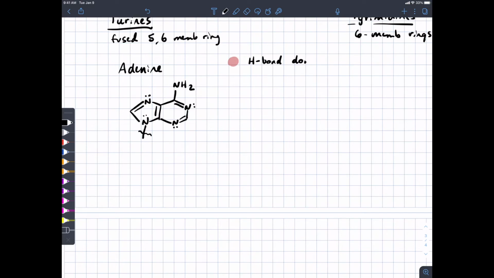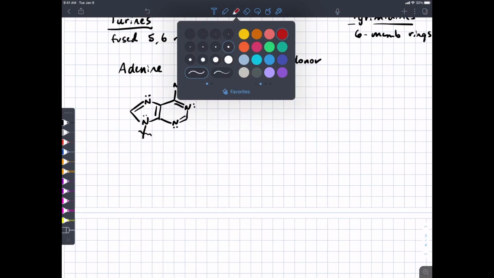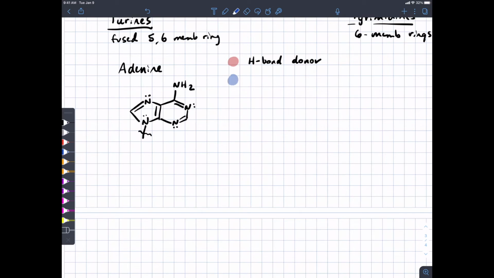That means something that has a nitrogen-hydrogen bond with an electron pair on the hydrogen. And then we're going to use blue for a hydrogen bond acceptor. And in general, this is going to be a nitrogen or oxygen with a lone pair in an sp2 orbital.